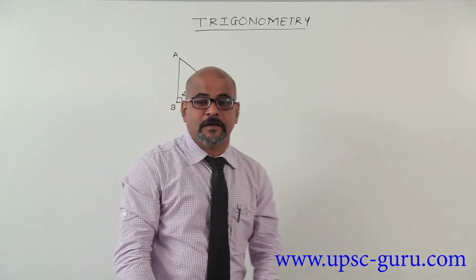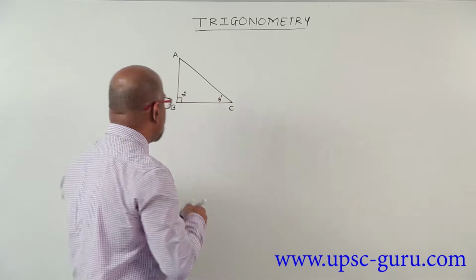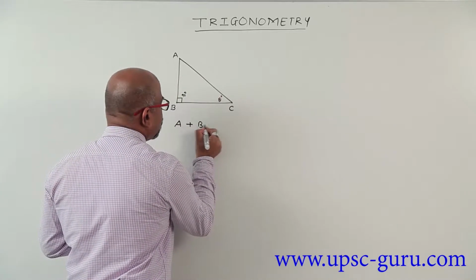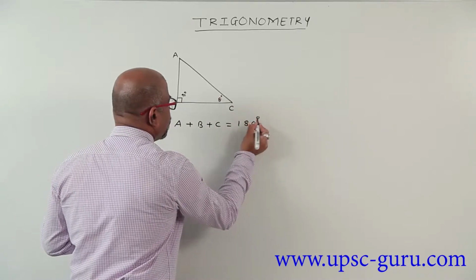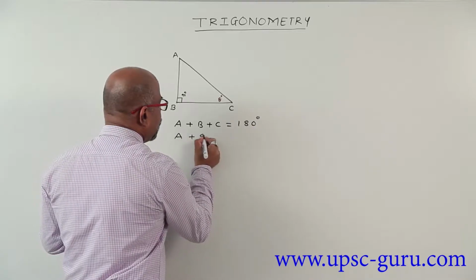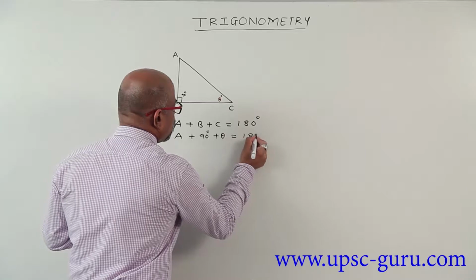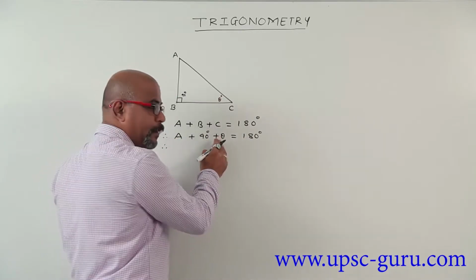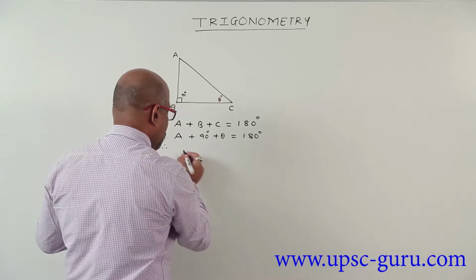We know that sum of all the angles of triangle is 180 degree. Therefore here we get A plus B plus C equals to 180 degree. Angle B is 90 degree and C is theta equals to 180 degree. When this 90 and theta comes over that side, that is right hand side, they will become minus.